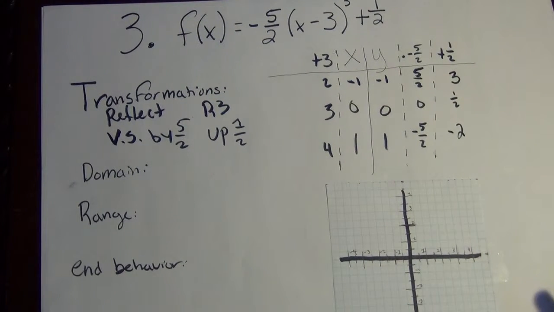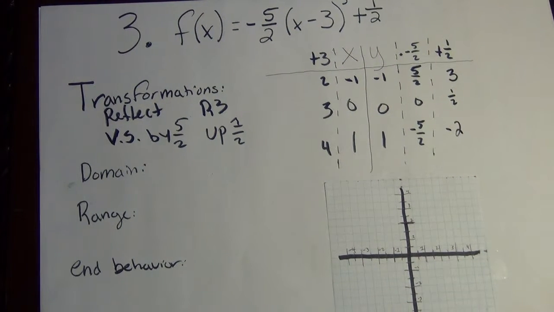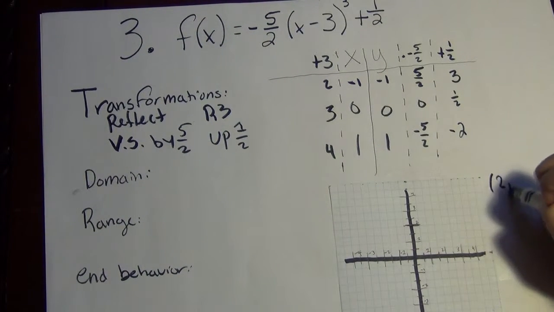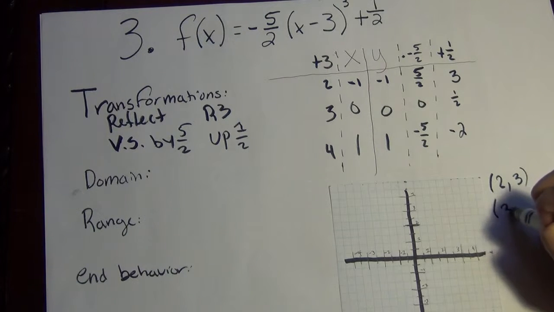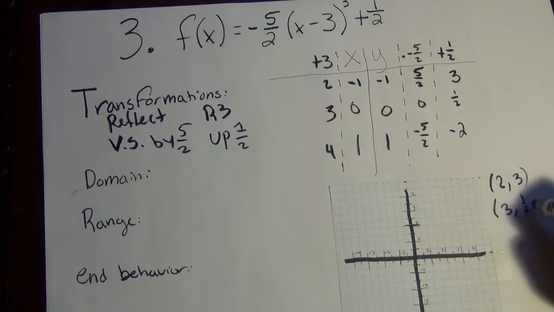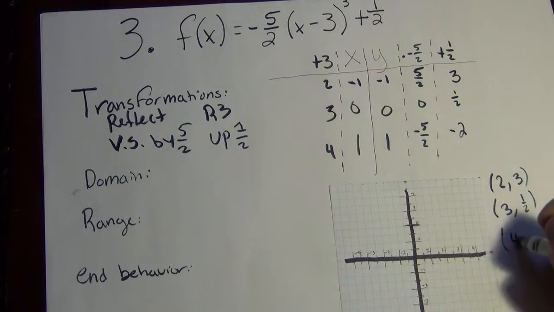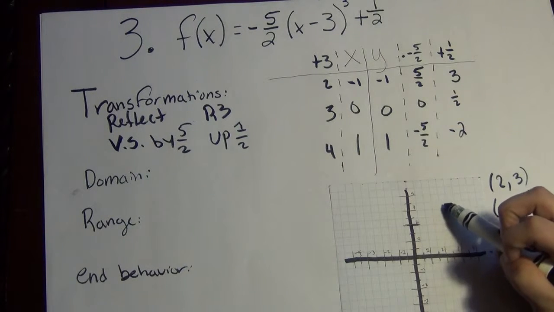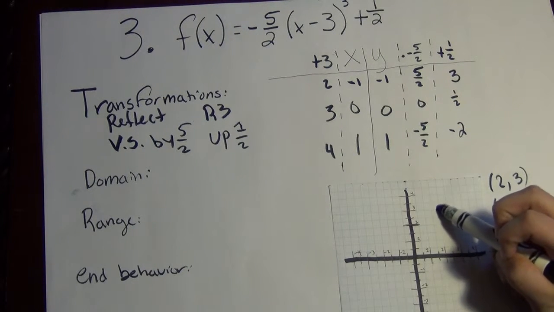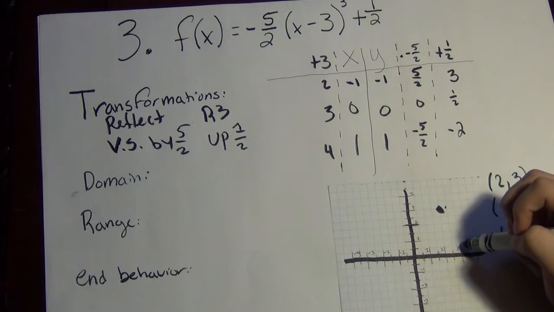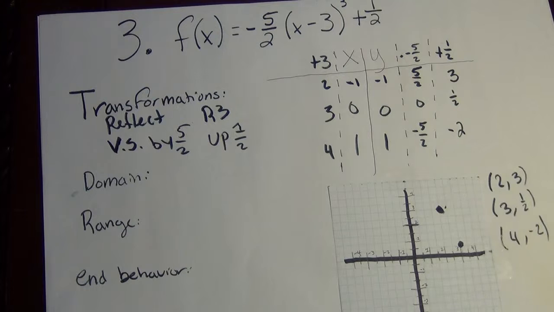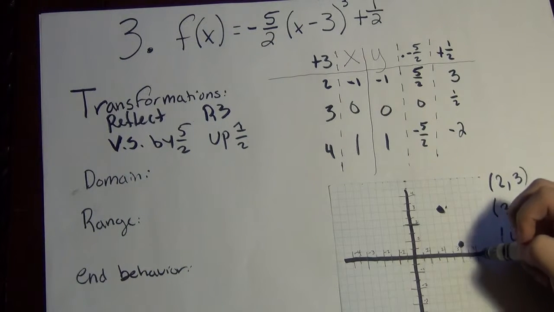Alright, and then to graph this, our points would be 2, 3, 3, 1/2, and 4, -2. Alright, so we're just going to plug these points in. 2, 3, 3, 1/2, and 4, -2.